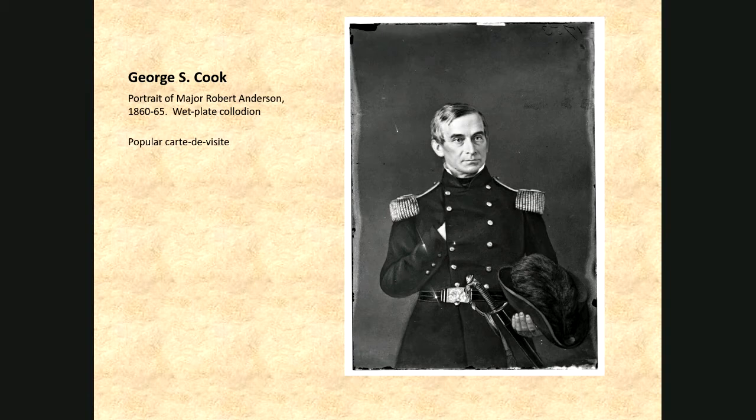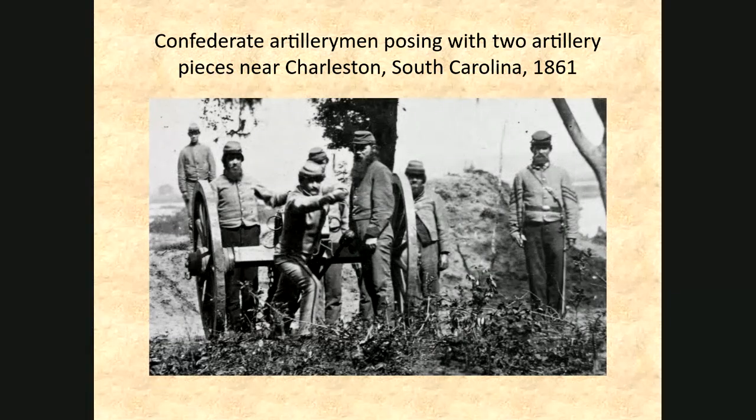And here's another photograph that Cook would have taken. We have some Confederate soldiers in South Carolina, and you can see that everyone in this photograph is standing pretty sturdy and still, because the exposure times are still not as we know them today and still a little bit long.